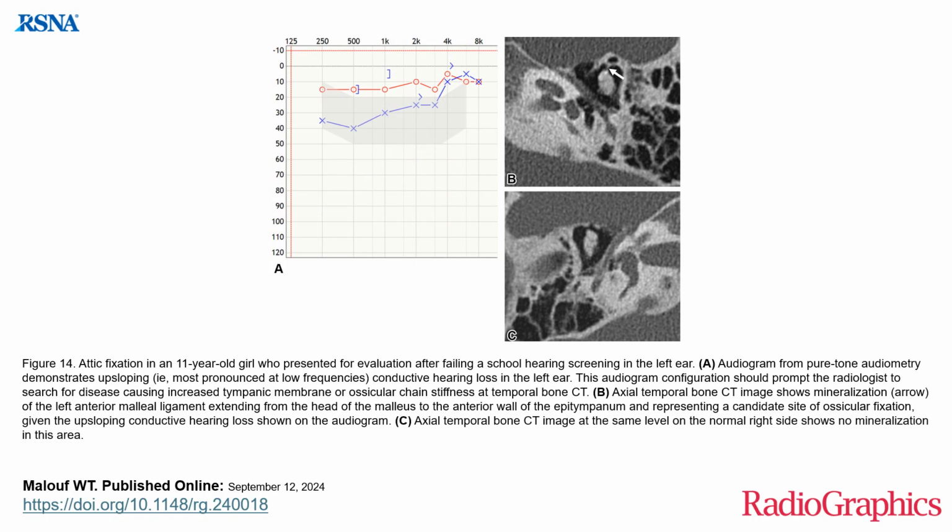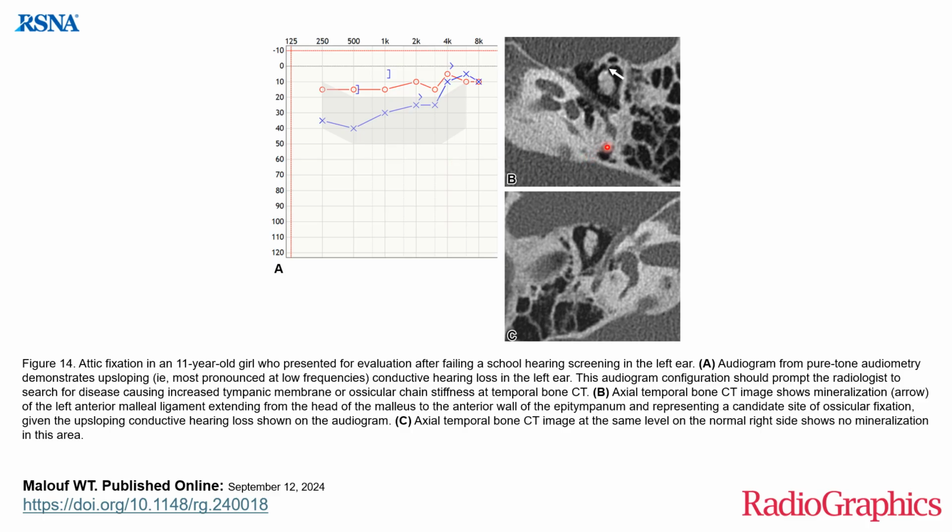This is another young patient, an 11-year-old female who presented after failing a school hearing test in the left ear. The audiogram demonstrates a similar upsloping pattern suggestive of conductive hearing loss in the left ear.